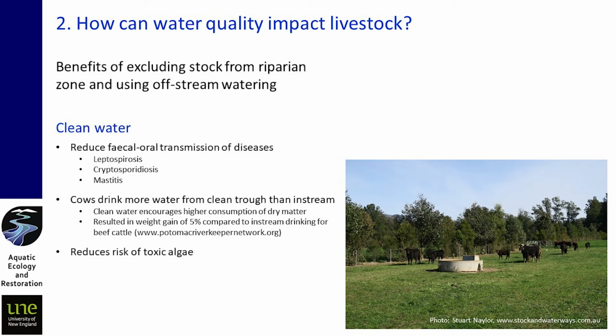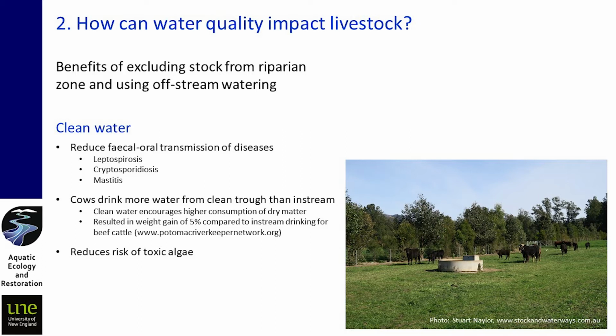They've also noticed that cows actually drink more clean water, and so there's a palatability issue where they prefer clean water. And because they're drinking more water, then they're consuming more organic matter, which means that a study has shown that there was a weight gain of 5% when they were drinking off-stream supply of water, so out of a trough, rather than in the stream.